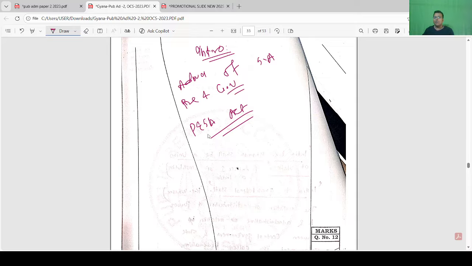So the PESA Act, Panchayat extended to scheduled area. Then the role of the district collector in scheduled area.